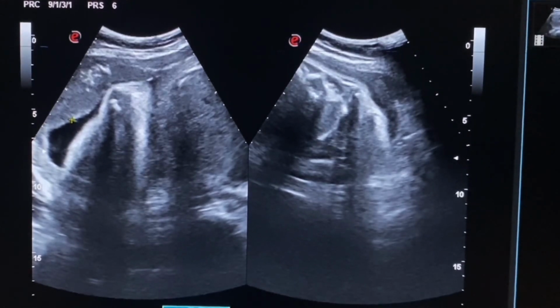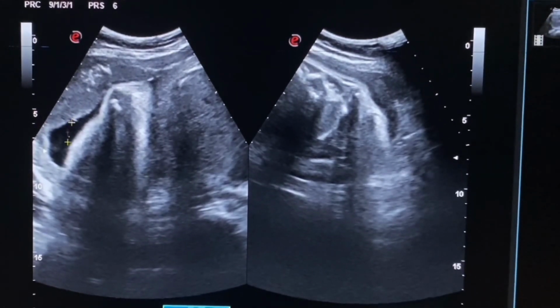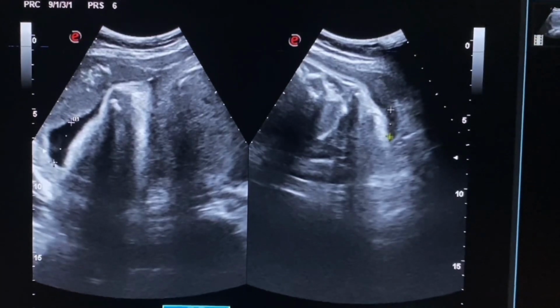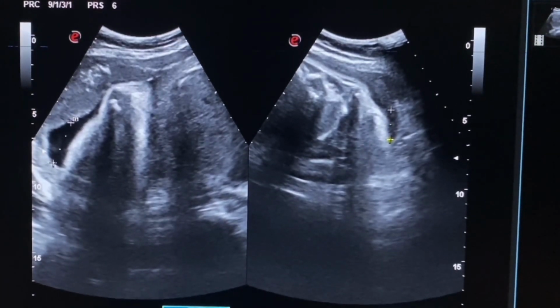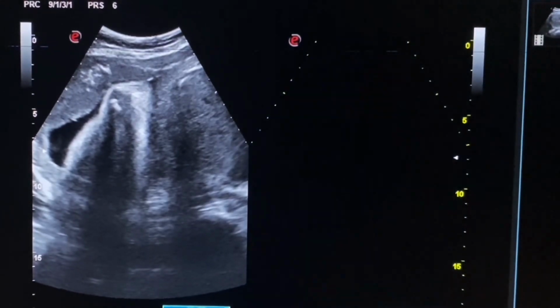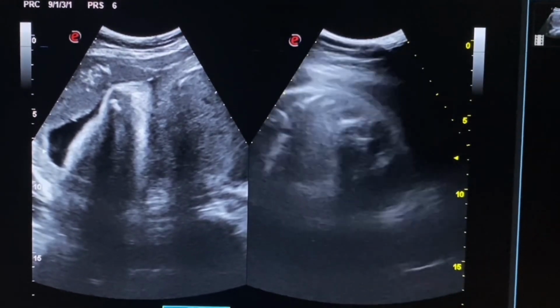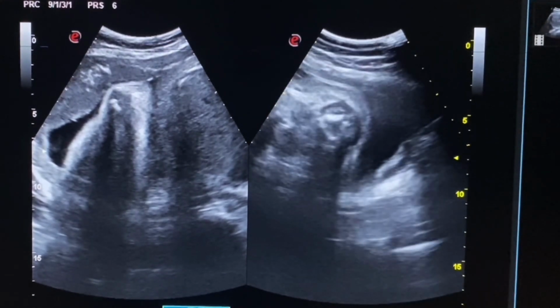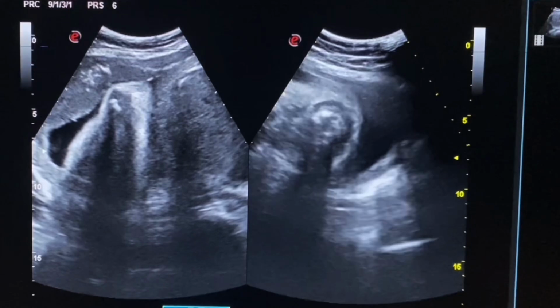And we will measure vertically. Now we will take the lower chamber of the fetus.